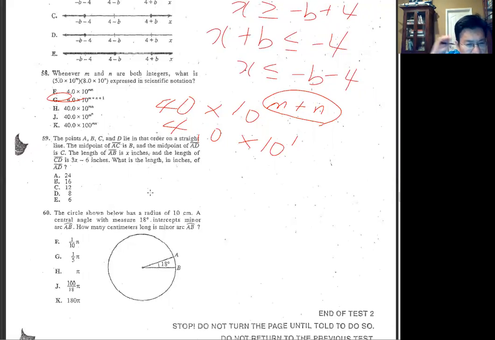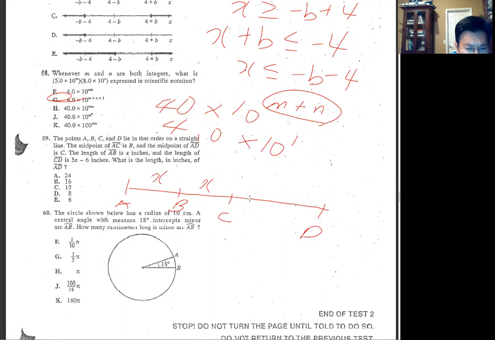Points A, B, C, D lie on a straight line, and the midpoint of AC is B. So A and C. Midpoint is B. And the midpoint of AD is C. So let's say this is D. Okay. And the length of AB is x.